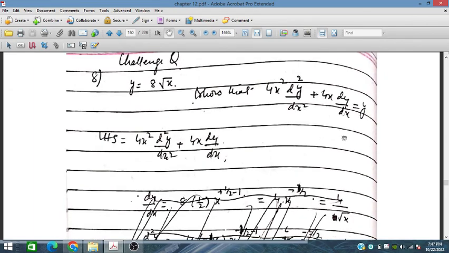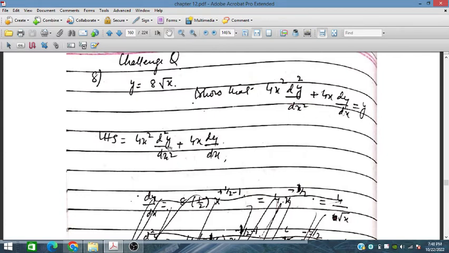This is a challenging one. So y is equal to 8 under root x. Show that 4x² d²y/dx² plus 4x dy/dx is equal to y. So take the left hand side first.